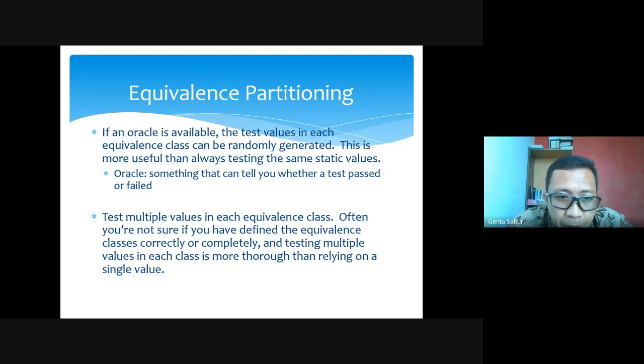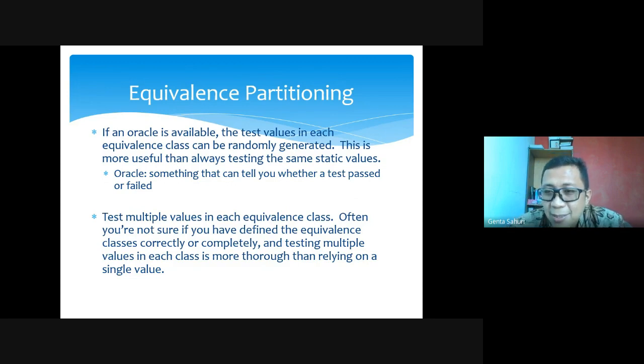Test multiple values in each equivalent class. Often you are not sure if you have defined the equivalence class correctly or completely. So let's say like age, we already classified into three. When we give the first input like 5, that is one digit, and you're not really sure, you can continue to input another one digit, let's say 7, 2, or 3.